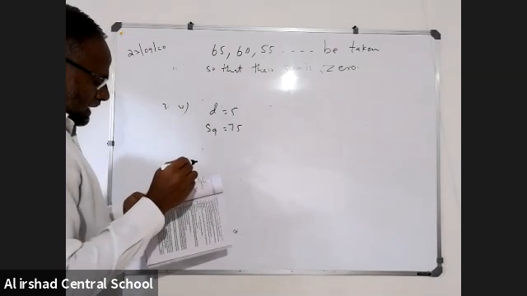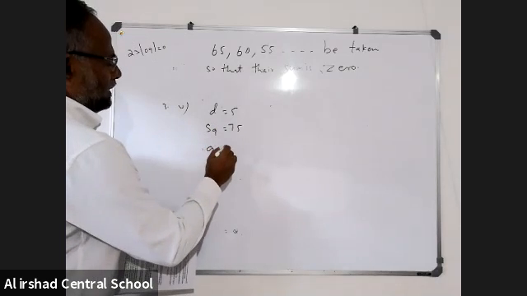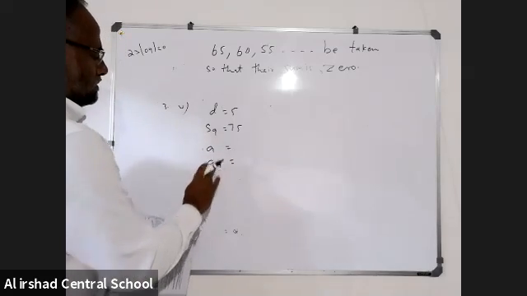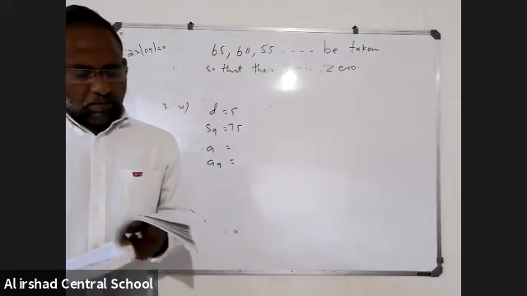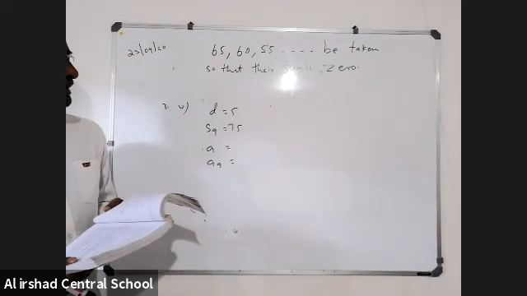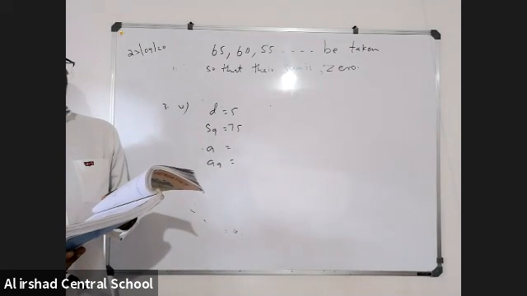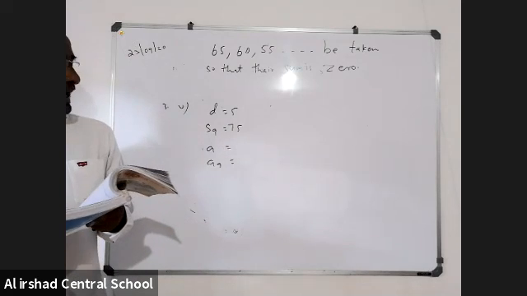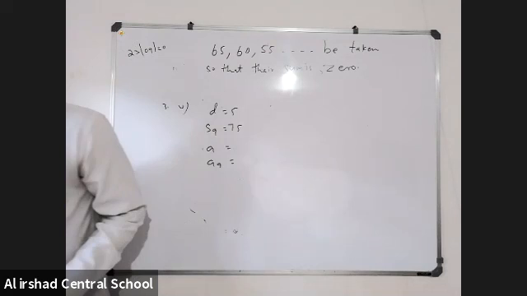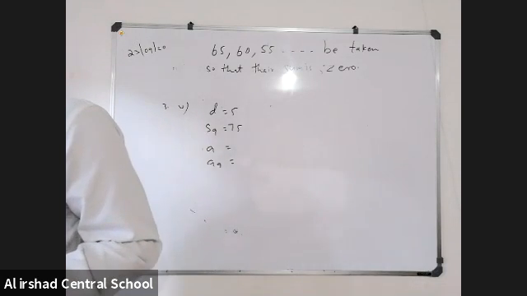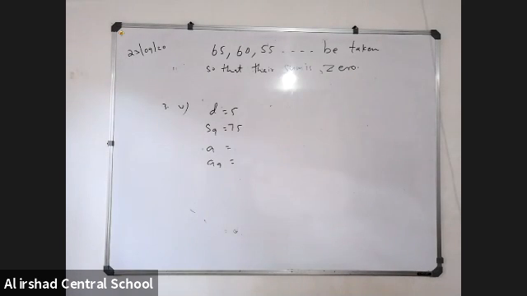Find A and N9. A is how much? N9 is how much? Is that the question? D is equal to 5, S9 is equal to 75. Find A and N9. It is an easy question, easy answer. Okay, fine, good.